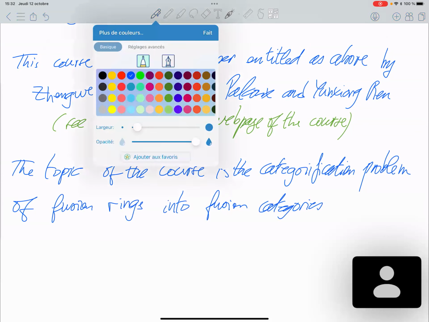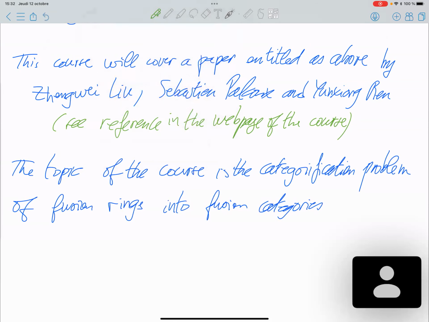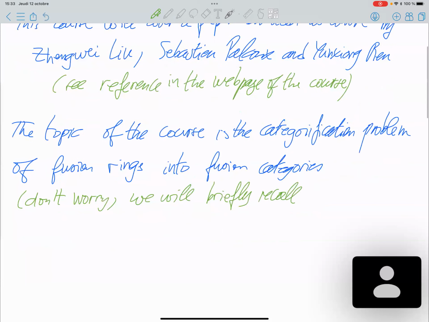Write this here. So don't worry. We will briefly recall their definition, but for more details, you see what I said before.